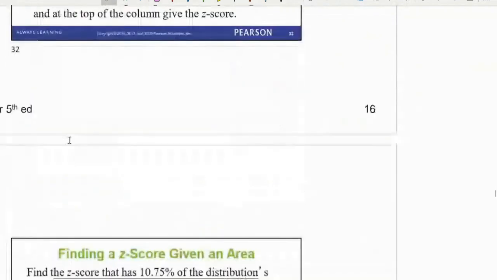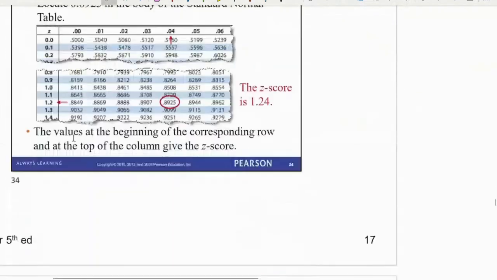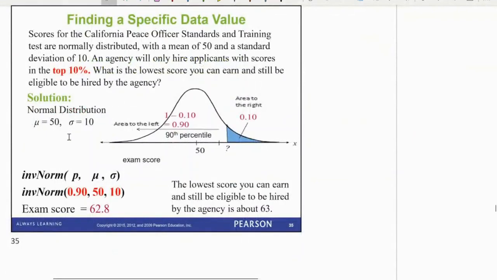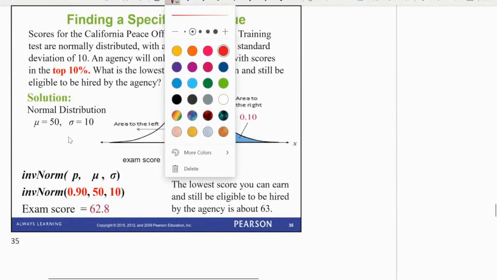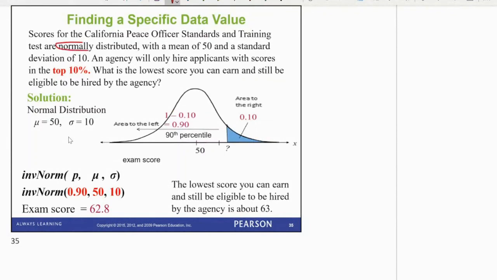Okay, let me take an actual question for us. So let's look at this beautiful question we have here. In this question, let's first make sure they indicate certain key things we want to hear. Number one, they say it's a normal distribution. So we say, hooray, that's great.